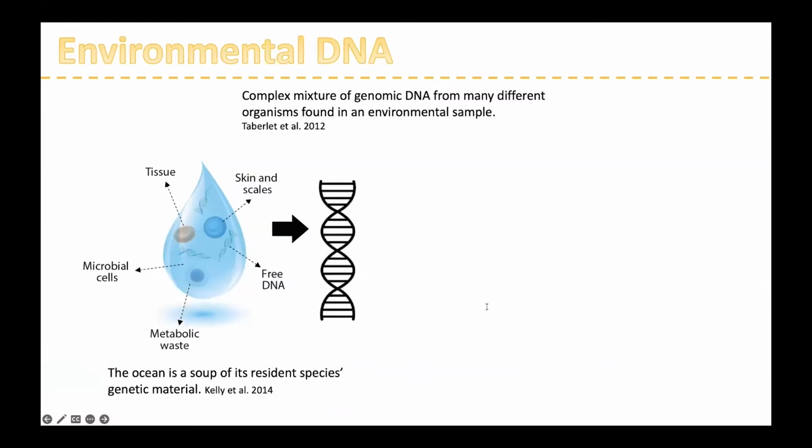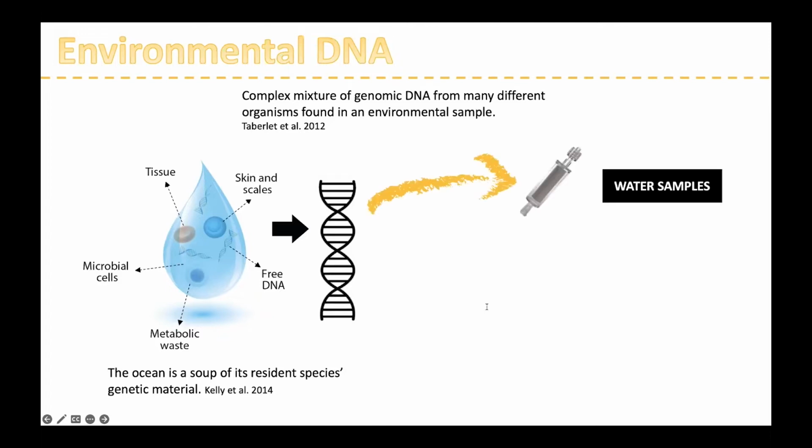The marine eDNA suspended in seawater might contain living cells, metabolic waste, parts of different organisms, or dissolved material. So eDNA is the genetic material released from an organism into the environment. Commonly, environmental DNA samples, such as water, are collected by filtering seawater through a Sterivex filter.